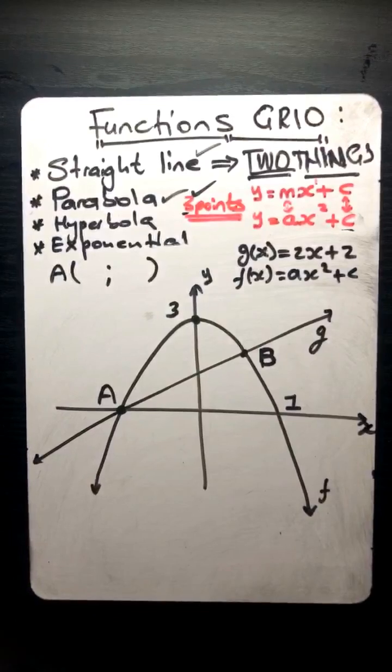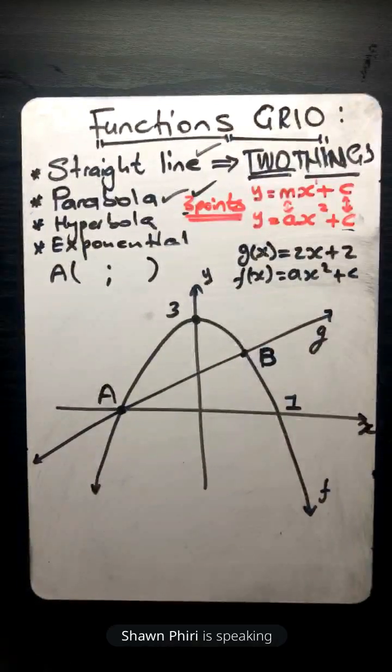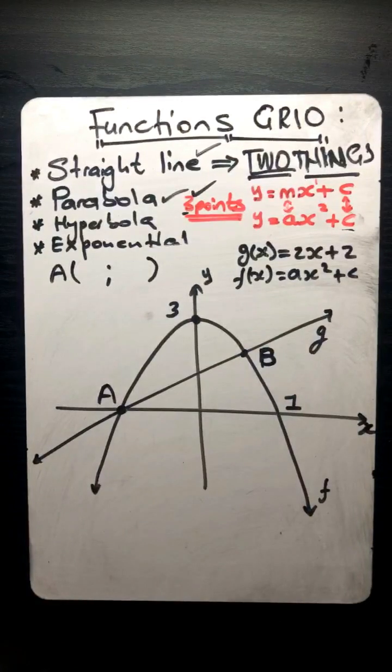What do we know about point A? Or what is point A called? So is it the intercept? What intercept?